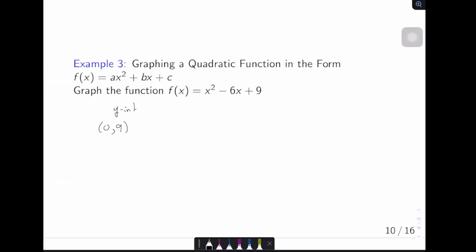If you looked at the factoring strategies cheat sheet that I gave you, we would see that this becomes (x minus 3) squared. So we're going to get our x-intercept at (3, 0), because x minus 3 equals 0, so x equals 3.